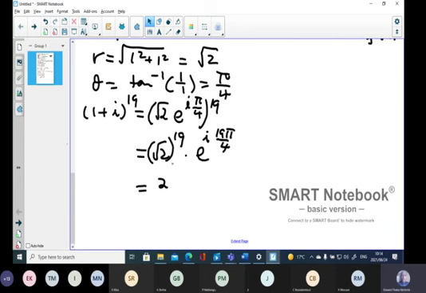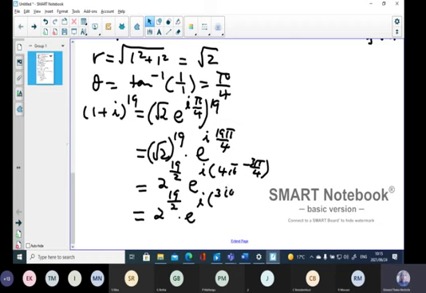So this is the same as 2 to the power 19 over 2, e to the power I, 4 pi minus 3 pi over 4. And this is equivalent to 2 to the power 19 over 2, e to the power I 3 pi over 4. So this is my solution. I end there.